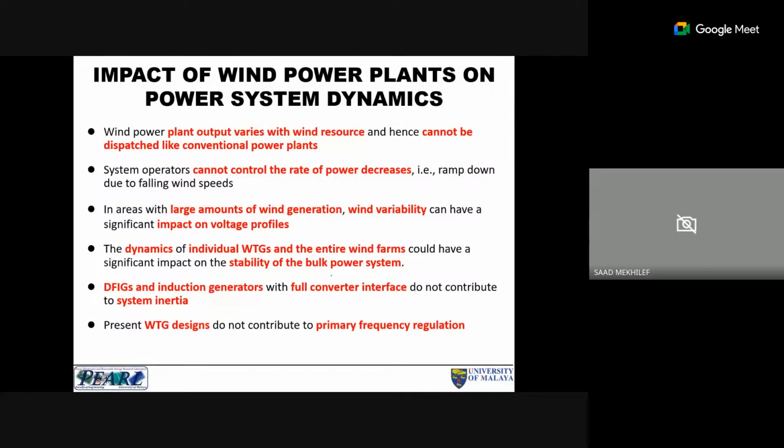This is because of the input, which is the wind speed. So in some areas with a large amount of wind generators, wind variability can have significant impact on the voltage profile. That's the impact we see, especially if you have large wind in the system.